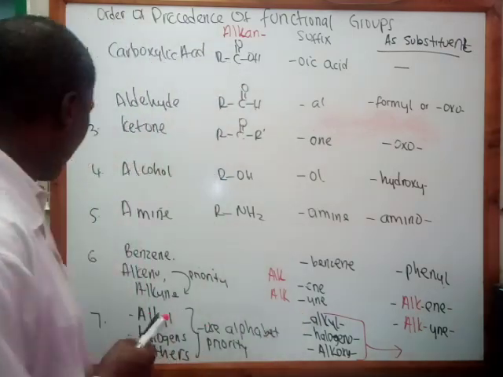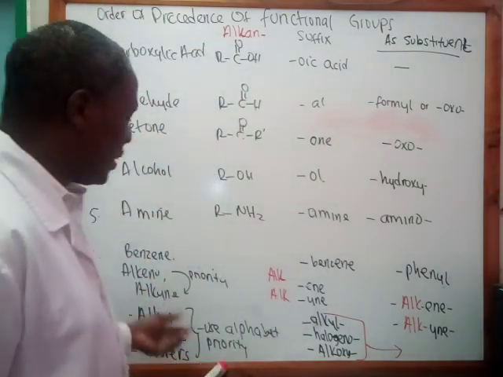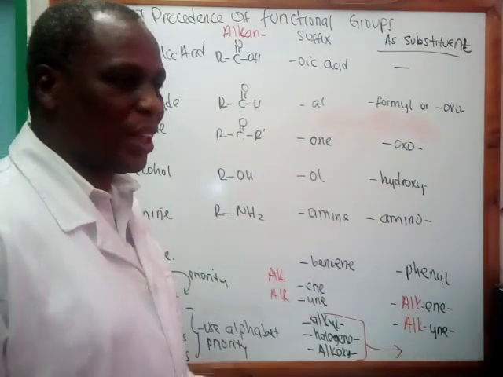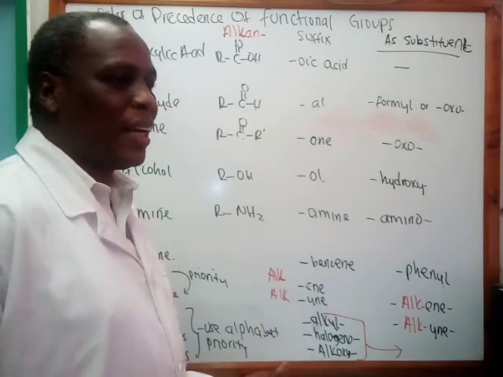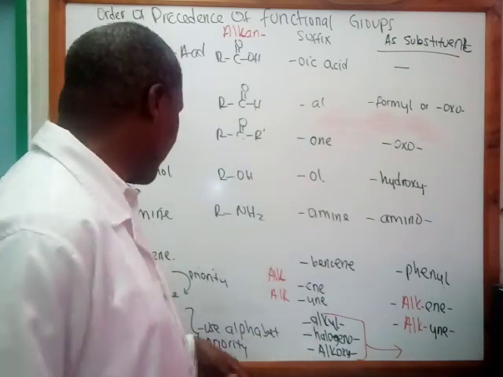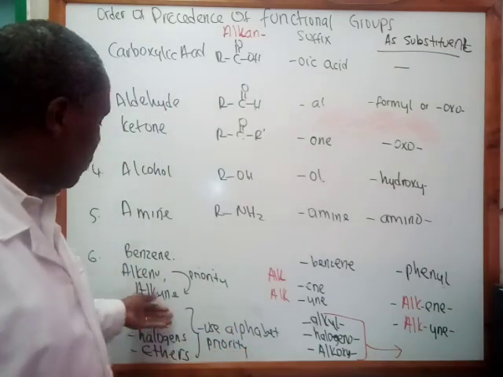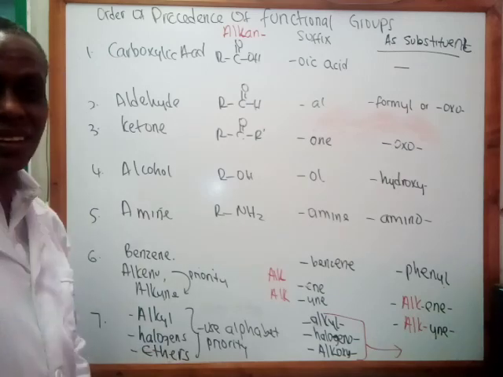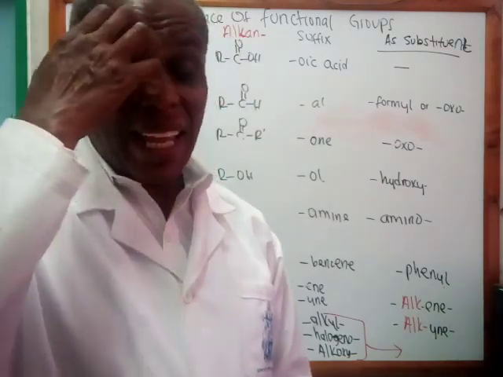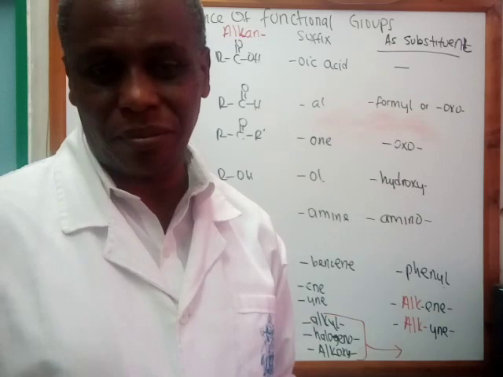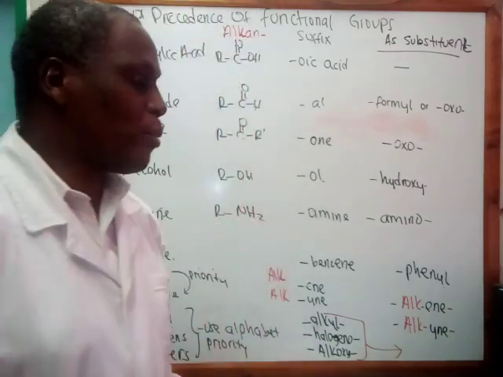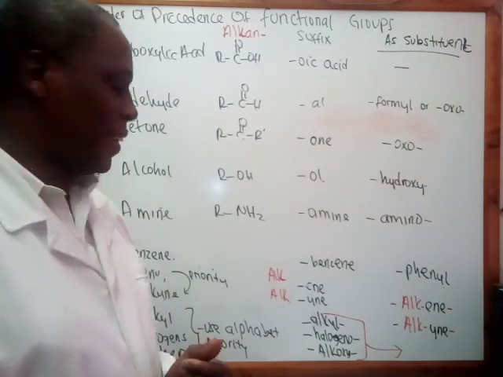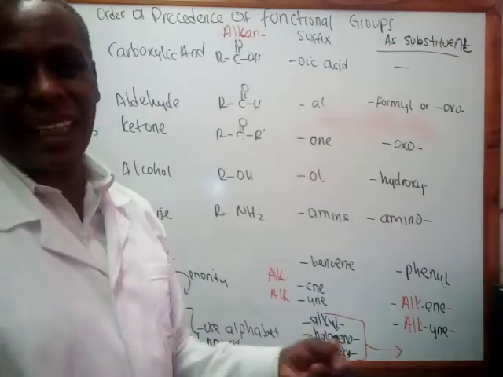Now the last thing in this ranking is, if you've got any of these structures, there is a CH3, a CH2, a CH3, an ethyl group, propyl group, butyl group, and the rest. All of the ones shown at number 7, alkyl, halogens, and ethers, do not have any priority over the other. For example, you can have something like an alkene or maybe an alkane.